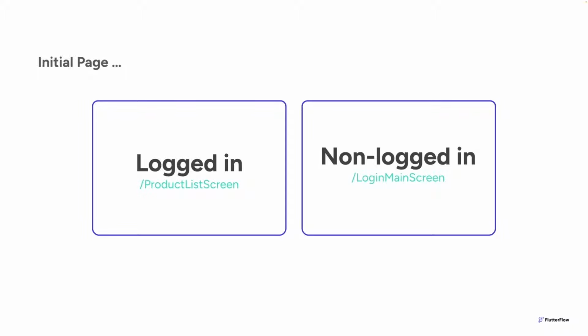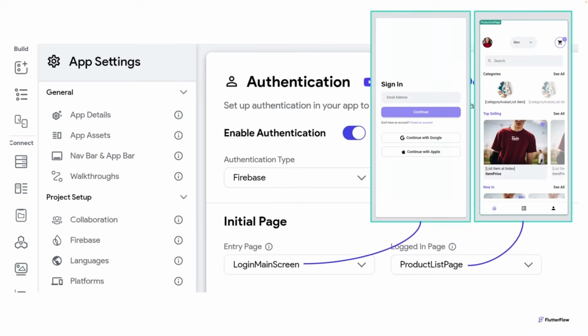In an app application, you may have protected pages that can be viewed after a user is logged in or authenticated, and some pages that users who are not authenticated can visit. For example, an entry page. If the user is not logged in, this page will be displayed.